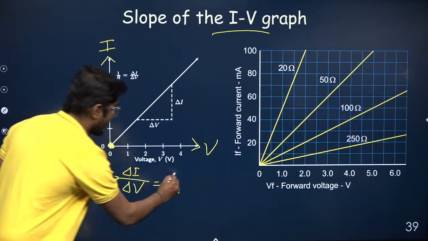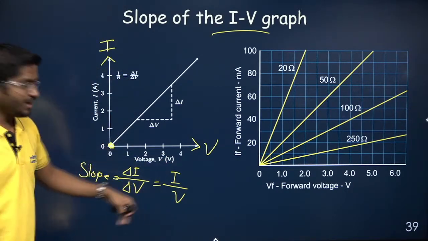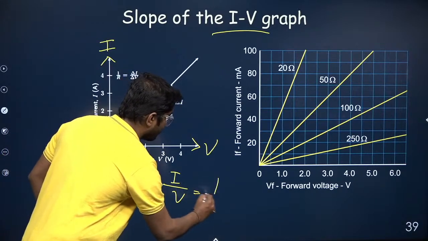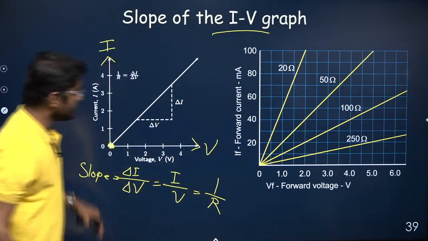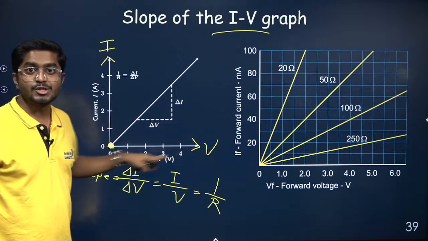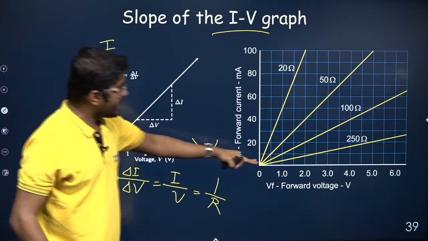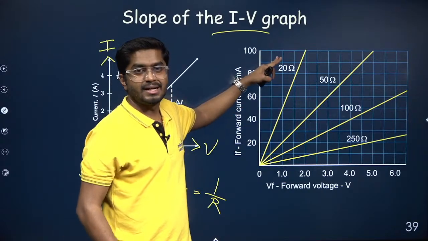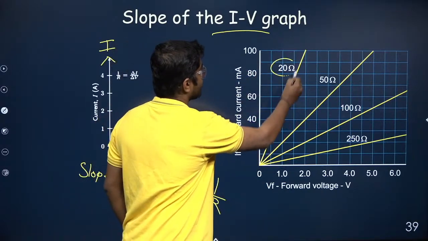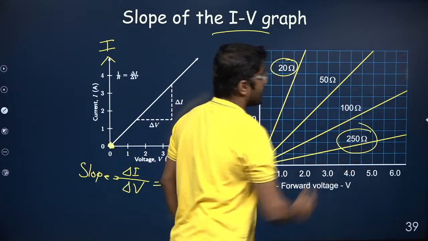So you can just write it as I divided by V. But what is I divided by V? It is our 1 by R. So if the graph is current versus voltage, the slope is the inverse of the resistance. That means if the slope is higher, resistance is smaller. Slope is lower, resistance is larger.